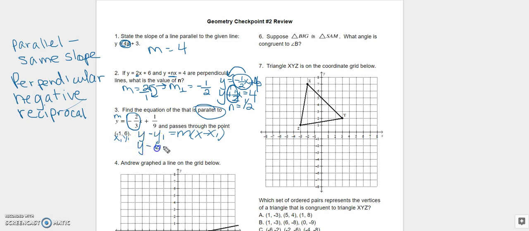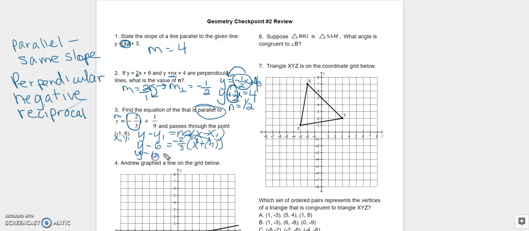Y minus 6 equals, m is negative 2/3 since they're parallel, times x minus negative 1. That makes it a double negative, so I'm going to change that to a positive. Then I distribute negative 2/3.